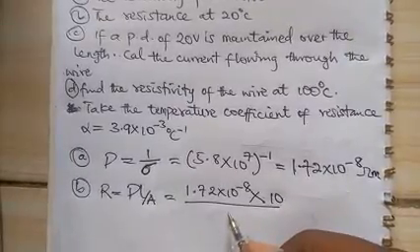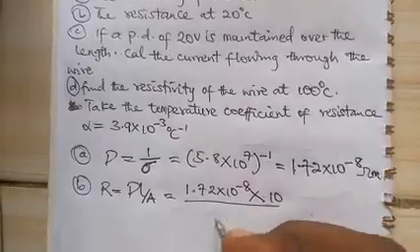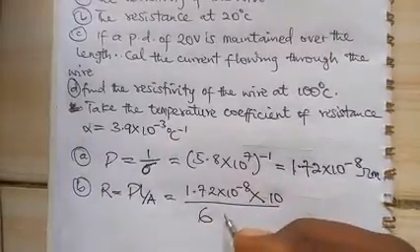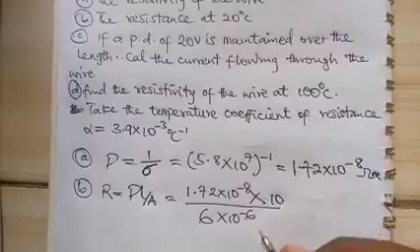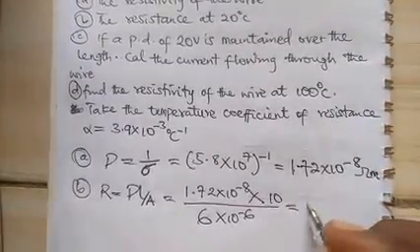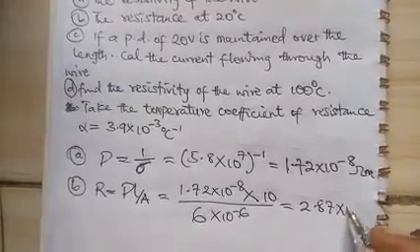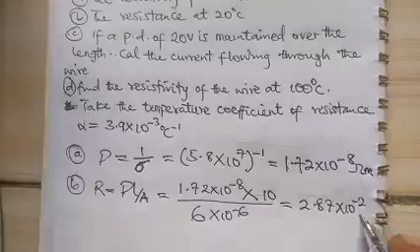The area given in the question is 6 square millimeters. We will not use it as millimeters; we have to convert to meters, which is 6 times 10 raised to power minus 6 meters squared. If we press the calculator on that, we're going to have 2.87 times 10 raised to power minus 2 ohm.